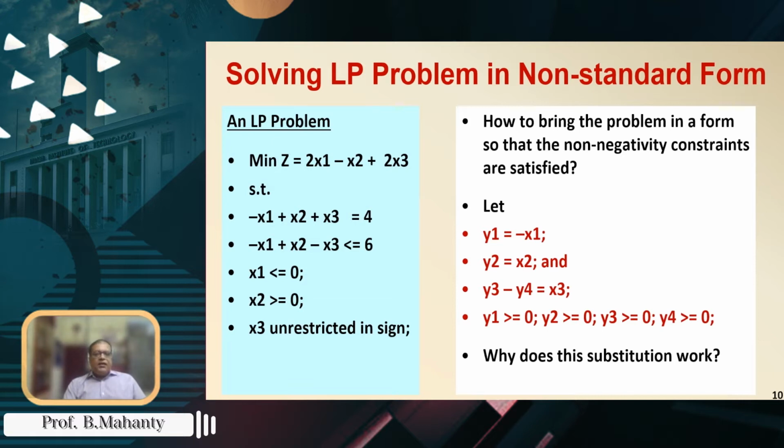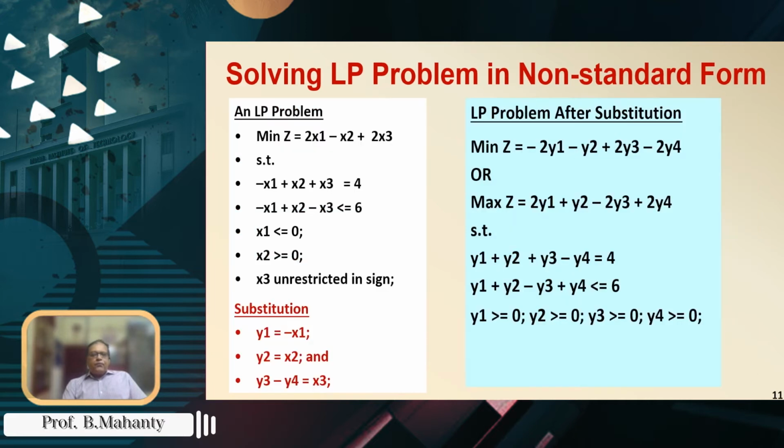All right, and here this will be y1 plus y2 plus y3 minus y4 equal to 4. And here y1 plus y2 minus y3 plus y4 less than equal to 6. And all the variables are greater than equal to 0. So after substitution, that is what we are going to get.